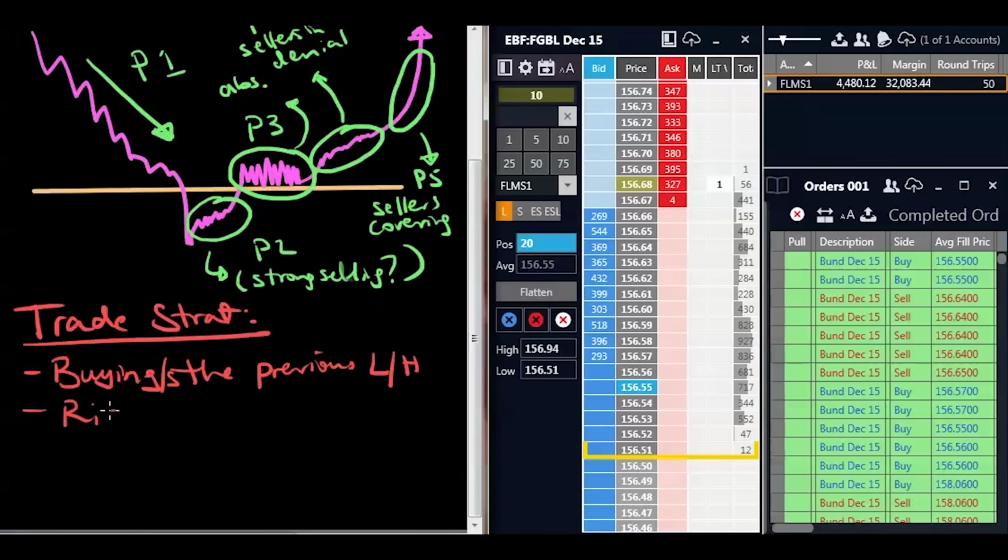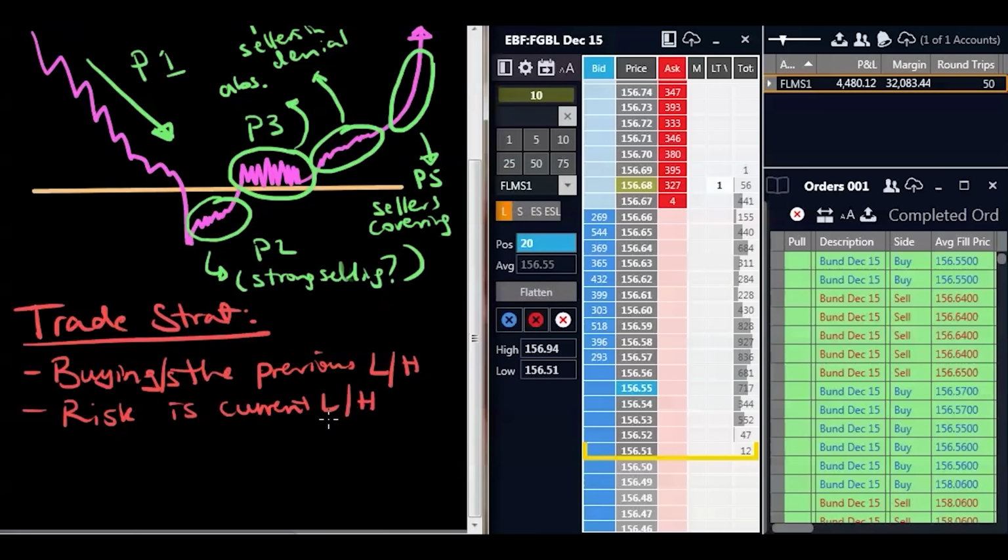Your risk, which is hugely important, is basically the low we just made. So your risk is the current low or high if you were the other way around, if we false broke to the upside.